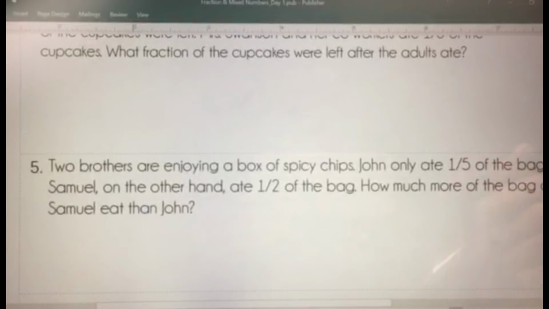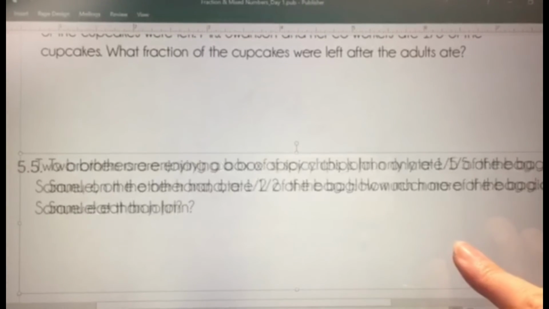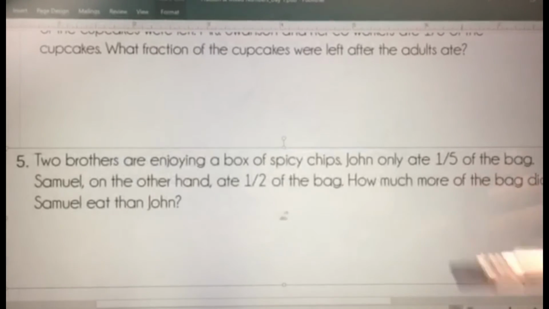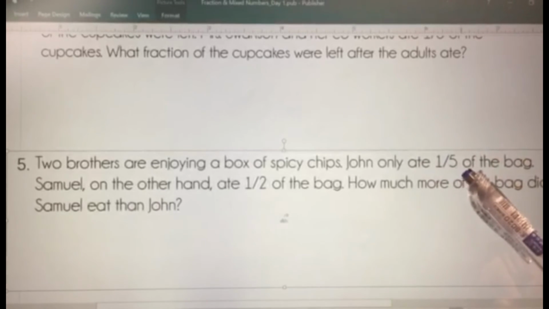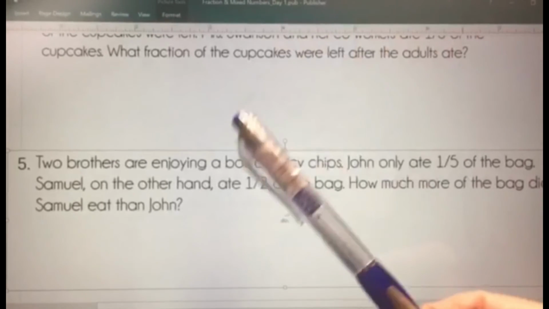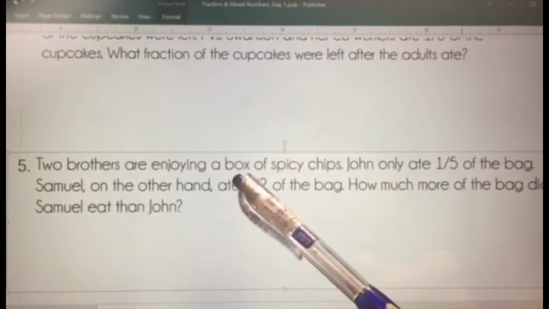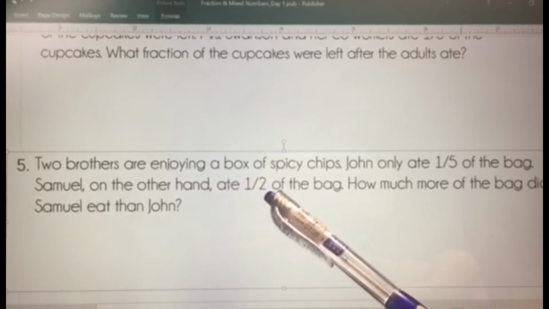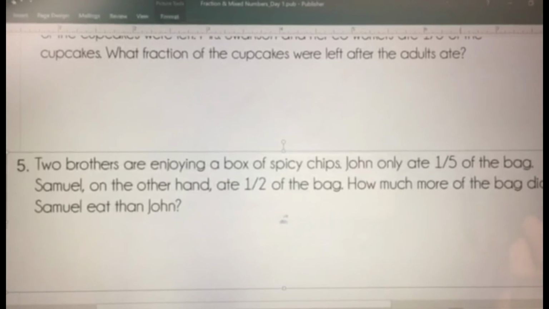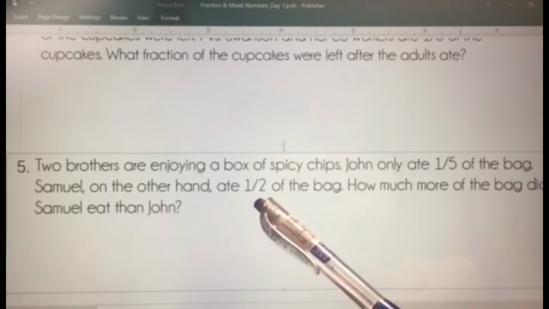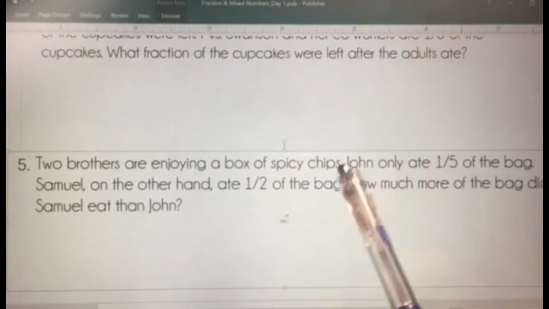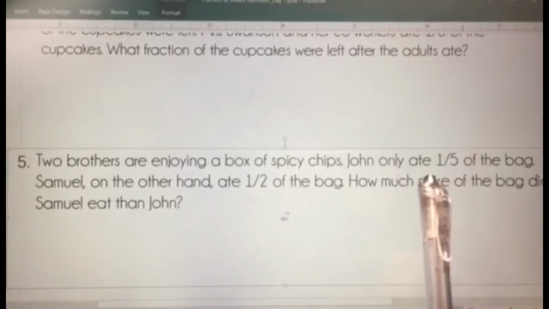Number 5, 2 brothers are enjoying a box of spicy chips. John ate 1/5 of the bag, and Samuel ate 1/2 of the bag. So who eats more? It's Samuel, right? He ate more than John, but how much more?